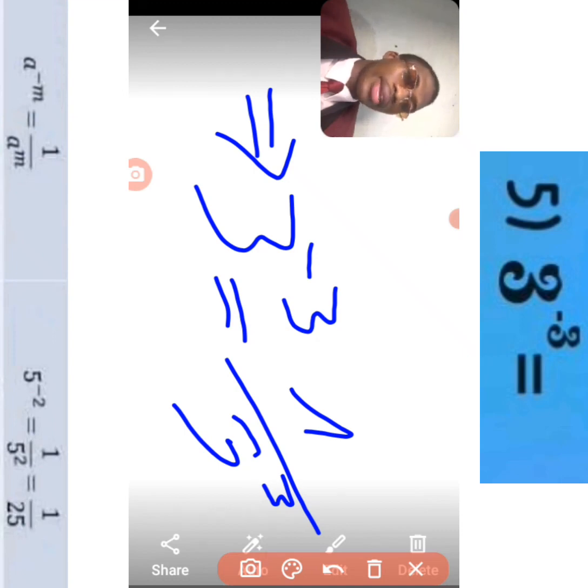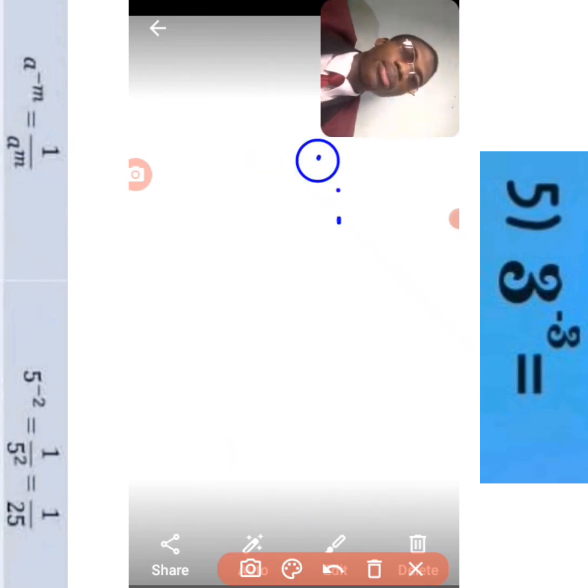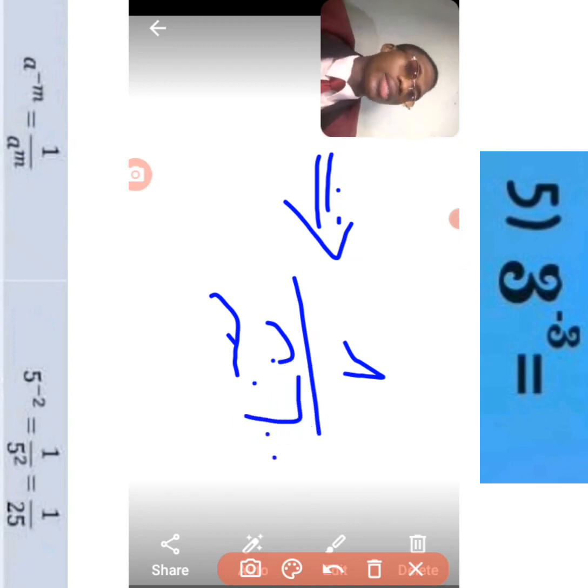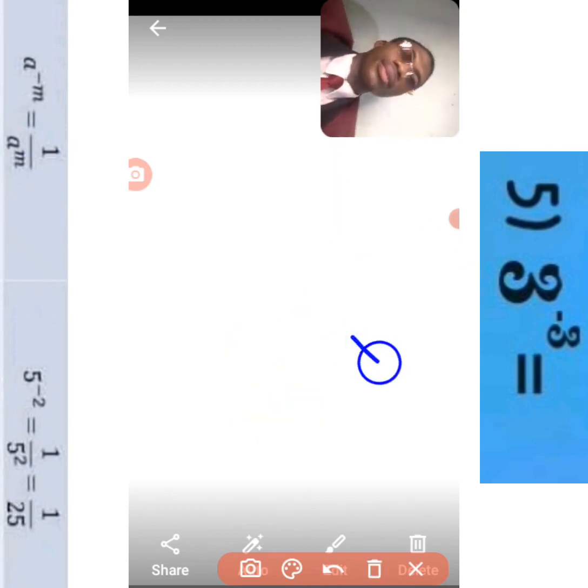I hope that's fine for everybody. And from there, what is 3 cubed? 3 cubed is 27. So this is the same as 1 over 27. This is what we expected from students.